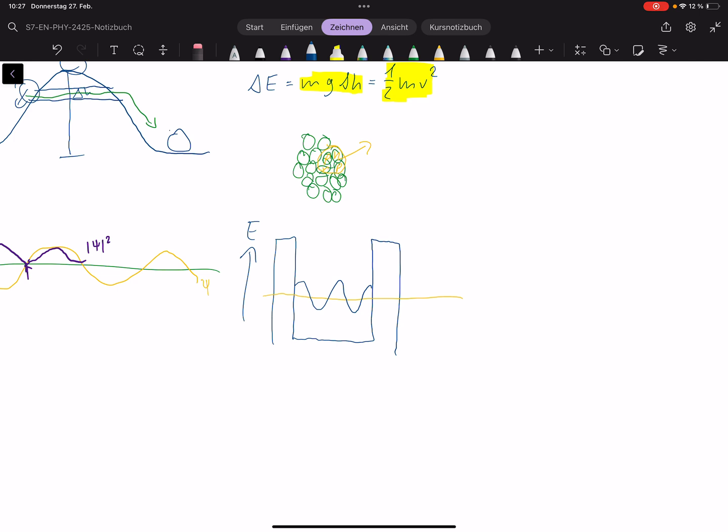The probability to locate a particle does not go directly to 0 at these boundaries, but there is an exponential decrease of the wave function.